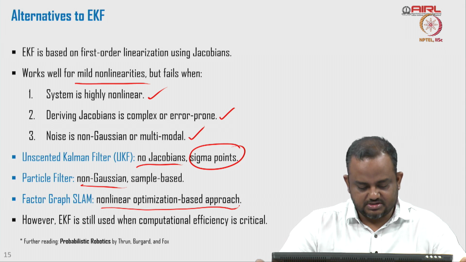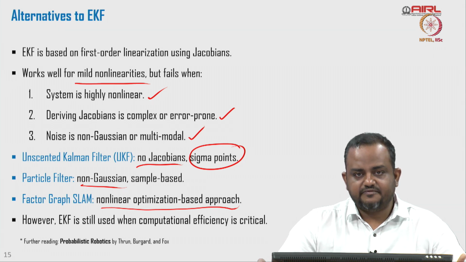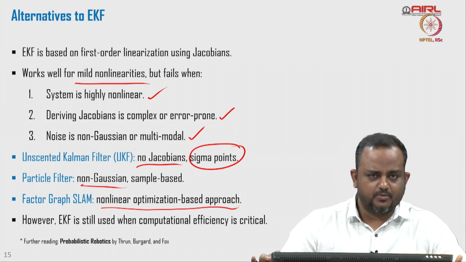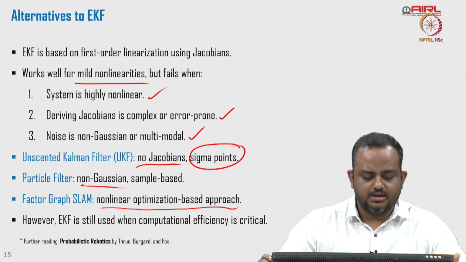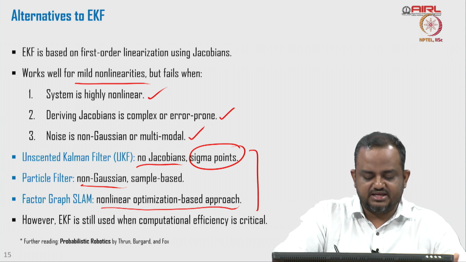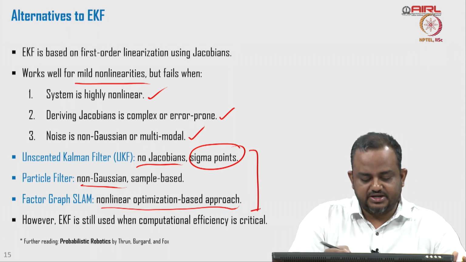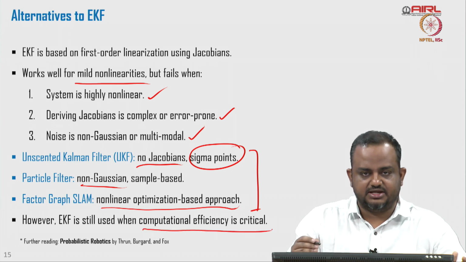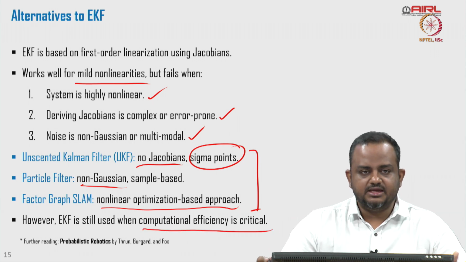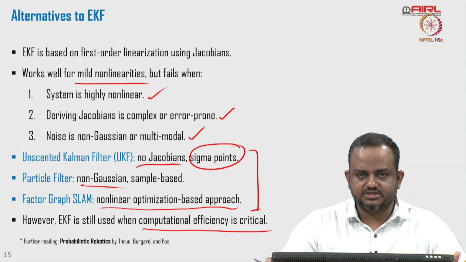However, as we said, the EKF can handle moderate nonlinearity in a better way, and compared to these variants, the EKF works better when computational efficiency is critical. What does that mean? The EKF computes the Jacobian, which can be difficult for strong nonlinearity, but for moderate nonlinearity, calculating the Jacobian is not a computational burden for the system. So it can be done with better computational efficiency.